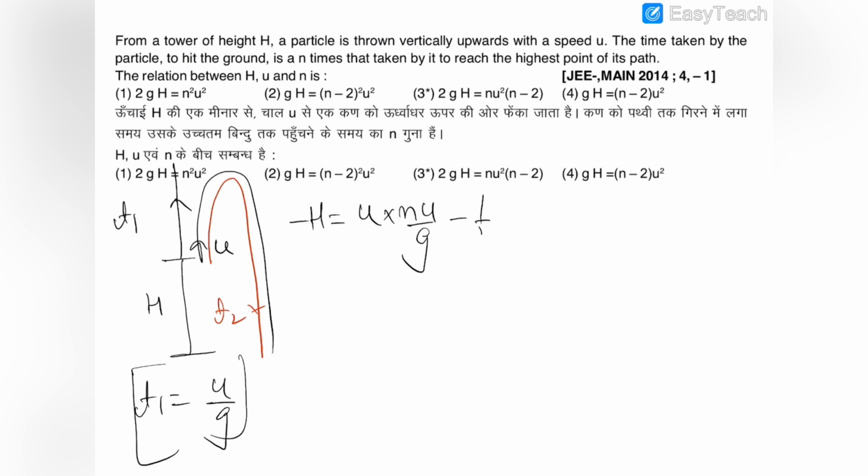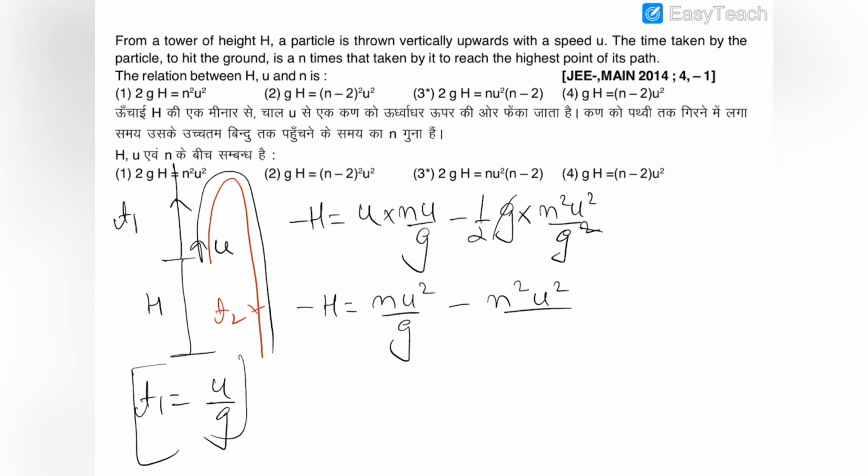So minus h is equal to n u square by g minus half g into n square u square by g square, which is n square u square by 2g.